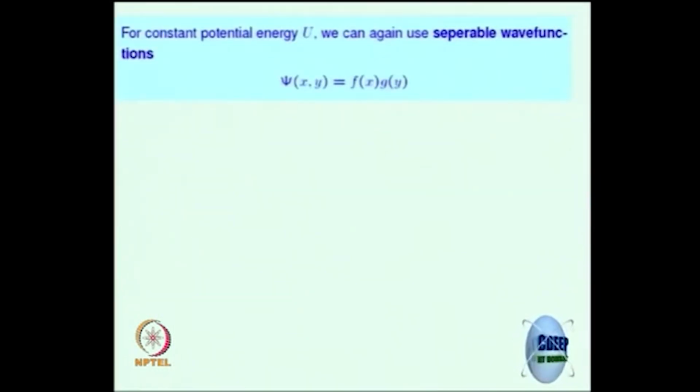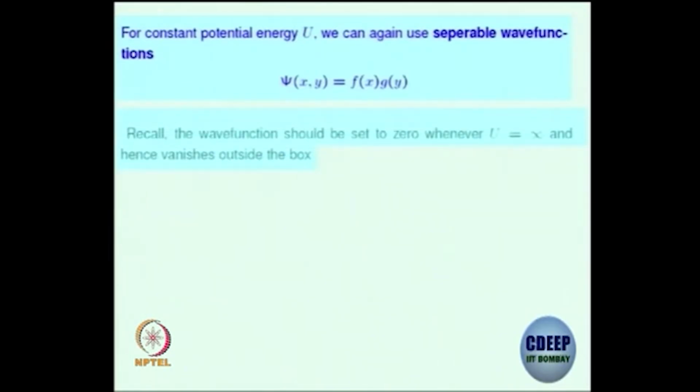So let's solve the solution. Psi of xy, we have justified now that we can write f of x g of y even for a particle in a two-dimensional box. And recall the wave function should vanish at x equal to L or y equal to L, and similarly x equal to 0 and y equal to 0.